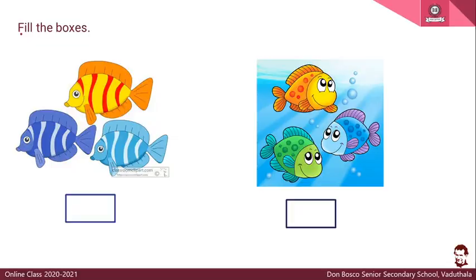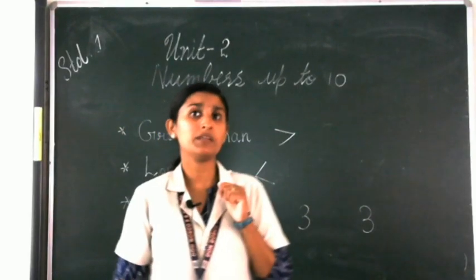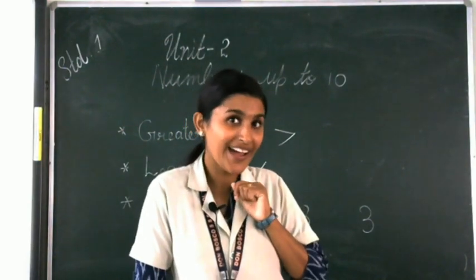Next one. Can you see some fishes there, no? Can you count the number of fishes there? Yes, in the first picture you can see 3 fishes, and in the second picture also you can see 3 fishes. The crocodile becomes a little confused, no? Right.